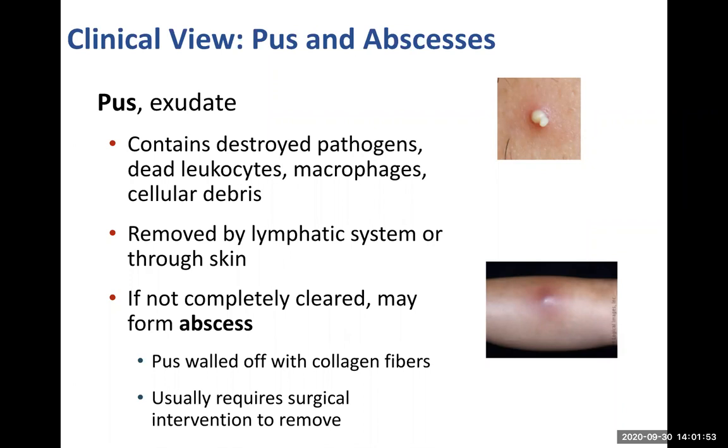Scar tissue is formed around the infection to help prevent it from becoming systemic. With abscesses, oftentimes they are lysed by a practitioner and the pus is drained, and then antibiotics are given to help clear the infection.